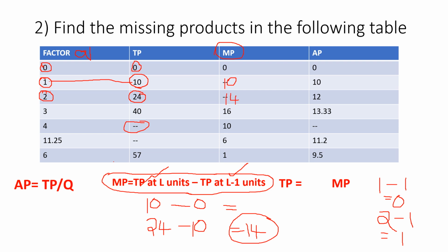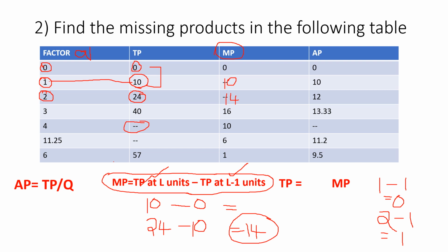Did we get this much? Did we understand why this formula is given? Did we understand what TP at L units and TP at L minus 1 unit mean? Alright. Now for those who do not want to understand the formula, who just want the answer, apply another method. It is nothing, just subtracting as you go. 10 minus 0. This one, first column minus the previous column.